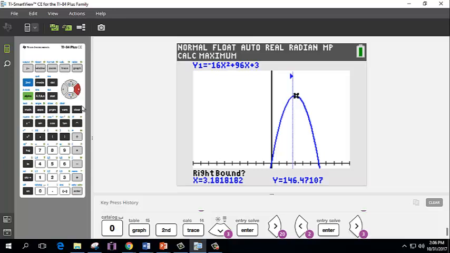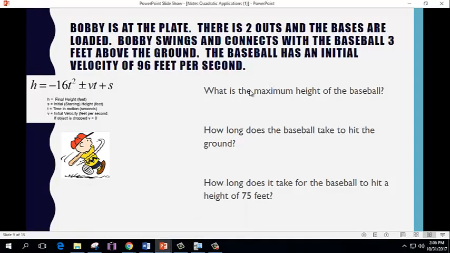Make sure you're decreasing when you do 2 clicks to the right, and enter a third time. Okay, so after 3 seconds, the height of the baseball is 147. That's your maximum height. So the first question is asking, what is the maximum height of the baseball? You would write down 147 feet.